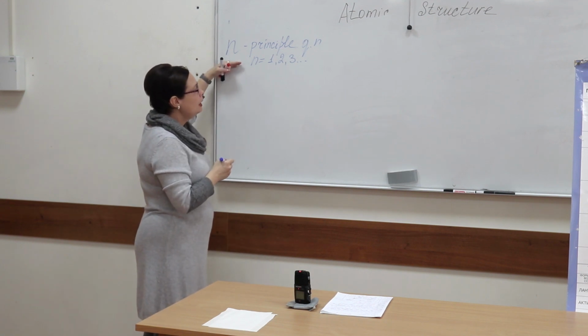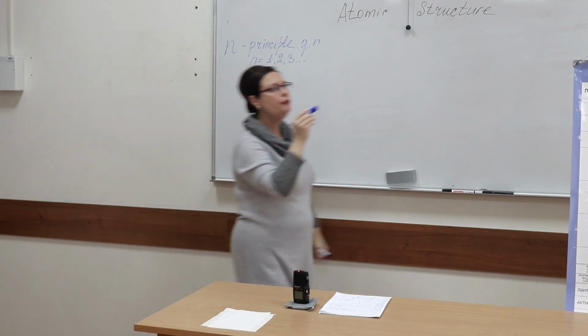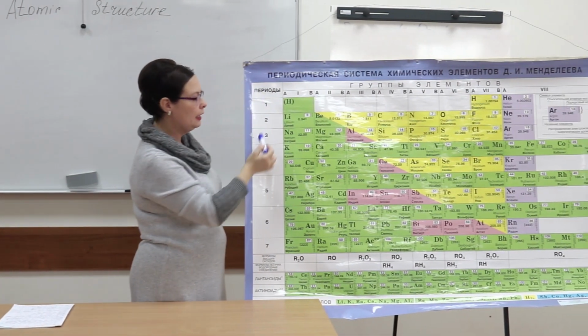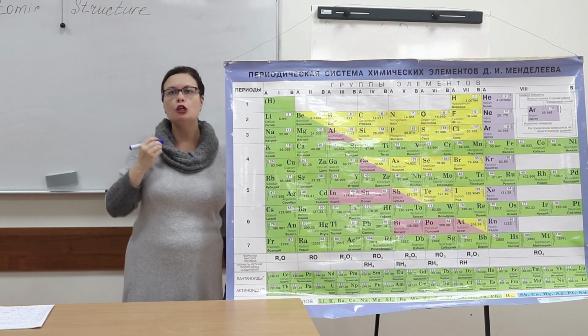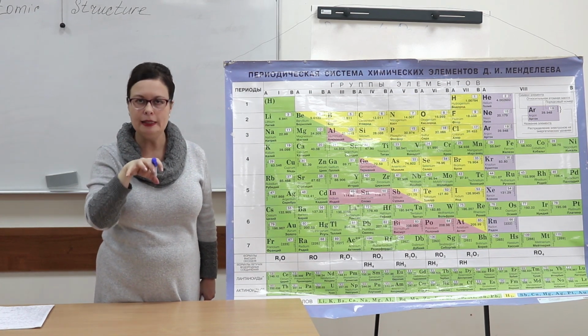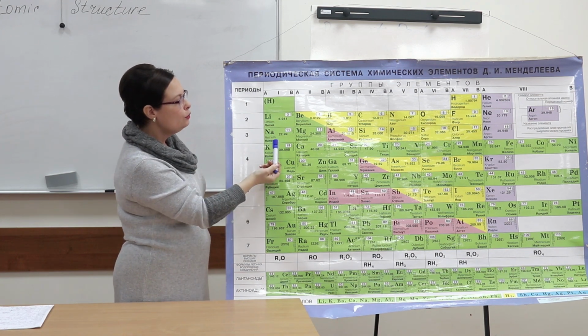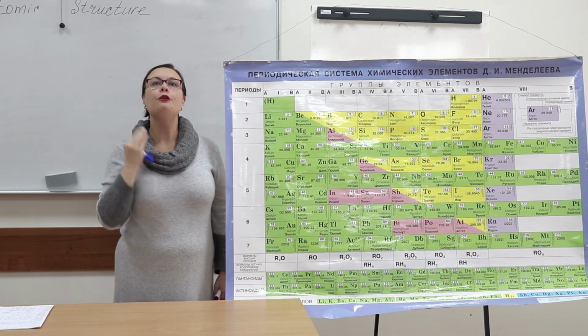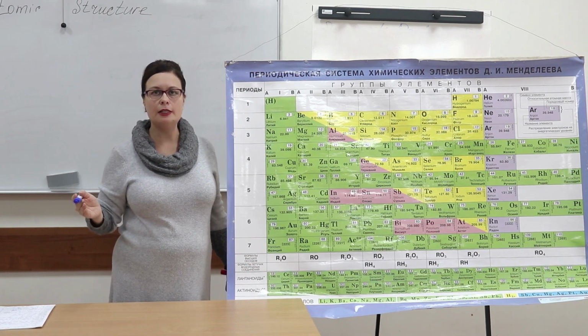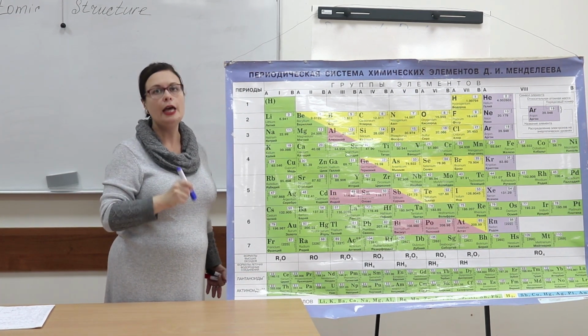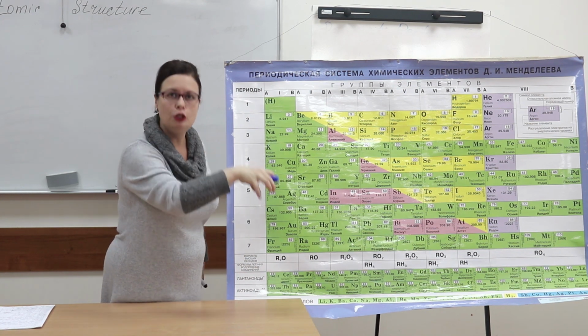The principal quantum number for any element can be found from the periodic table. It's equal to the number of the period. Also, the principal quantum number shows how many levels are filled by electrons. For example, sodium is placed in the third period. It means that only 3 electron levels are filled by electrons. In the atom of sodium there can be any number of electron levels, but only 3 of them are filled. And of course, only the 3 close to the nucleus are filled.